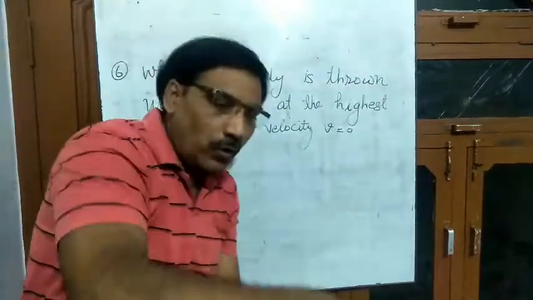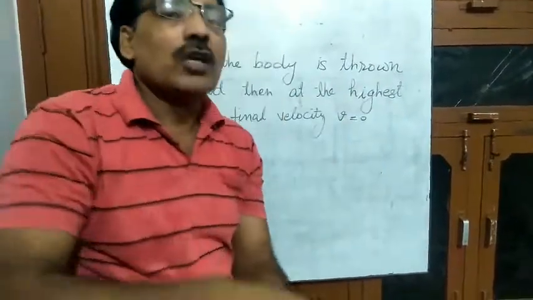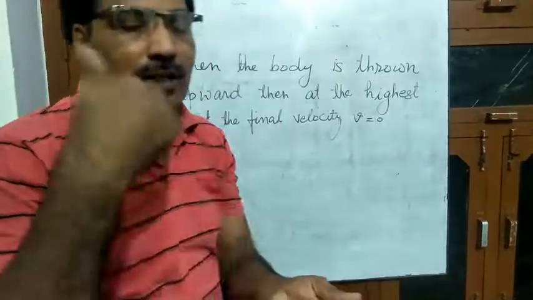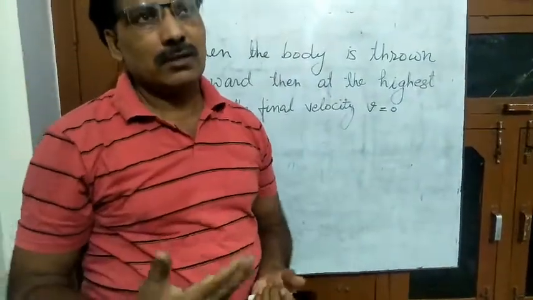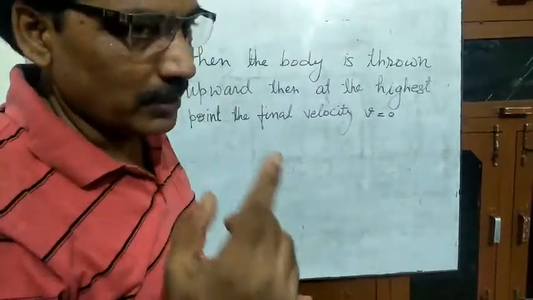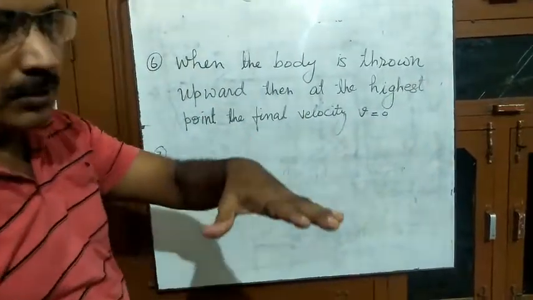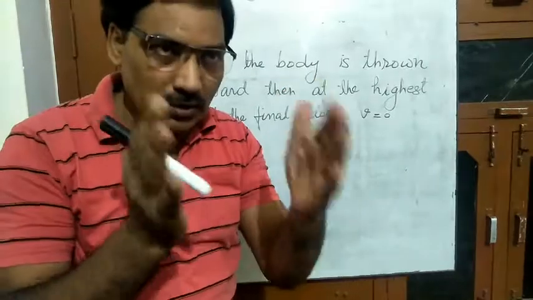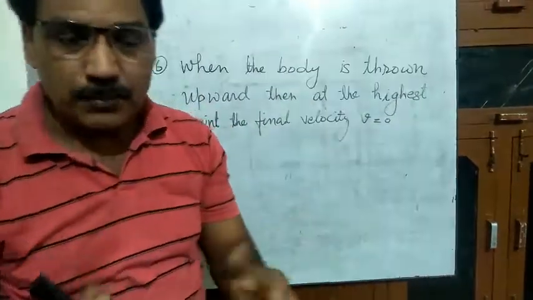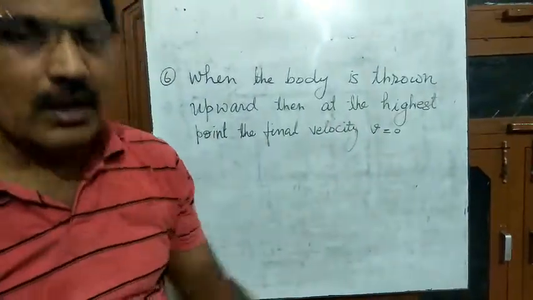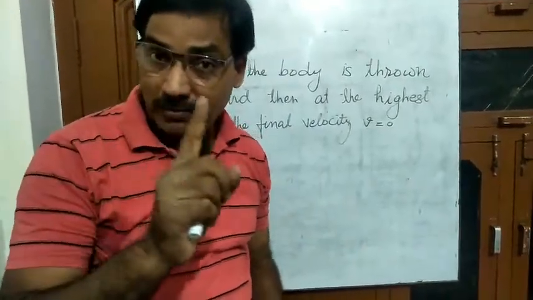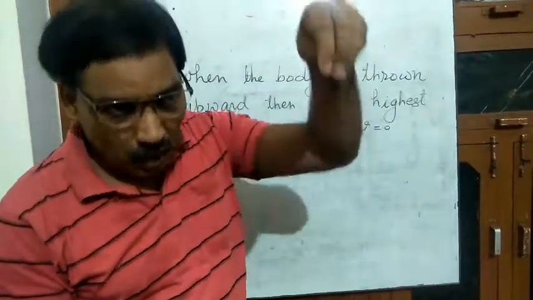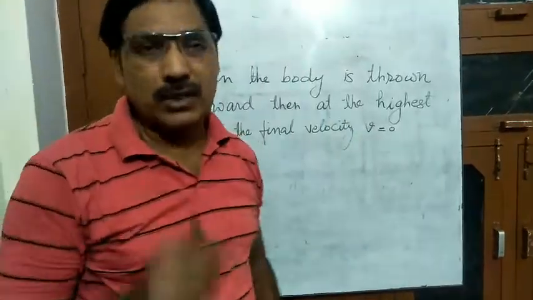The body is thrown means you are giving some initial velocity, but if you have just released the body, it means the initial velocity of the body is 0. In the numericals, you should try to understand whether the body is thrown or dropped. If the body is thrown, then initial velocity will not be 0. If it is dropped, then we will take initial velocity u is equal to 0.